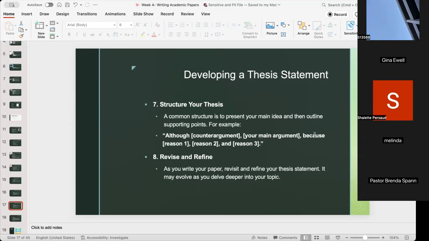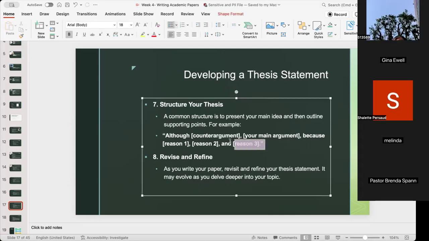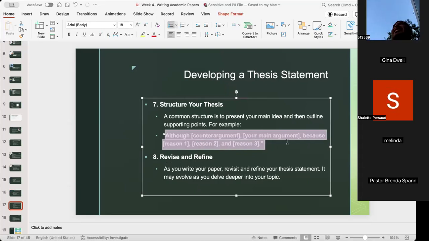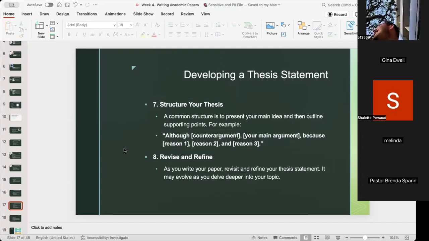Moses was strong because reason number one, reason number two, and reason number three. So I think hopefully what I highlighted there will really help you when writing your thesis statement.